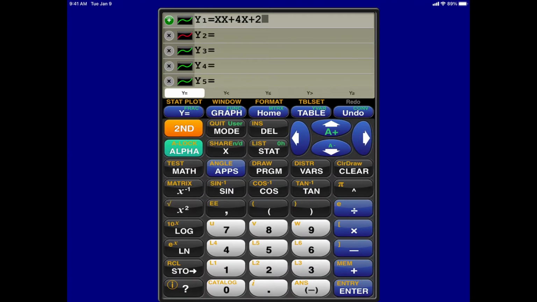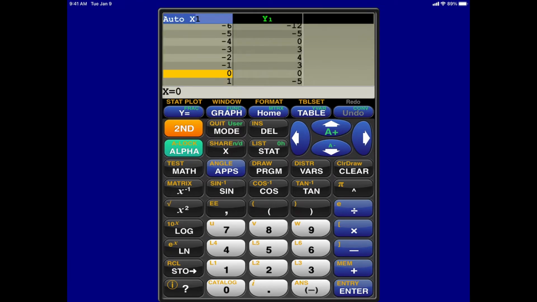Y equals, clear if you wanted to, negative x squared minus 4x. And then get a table. How do you know how to go up and down here? You're looking for values where your y value is 0, or the change between positive and negatives.